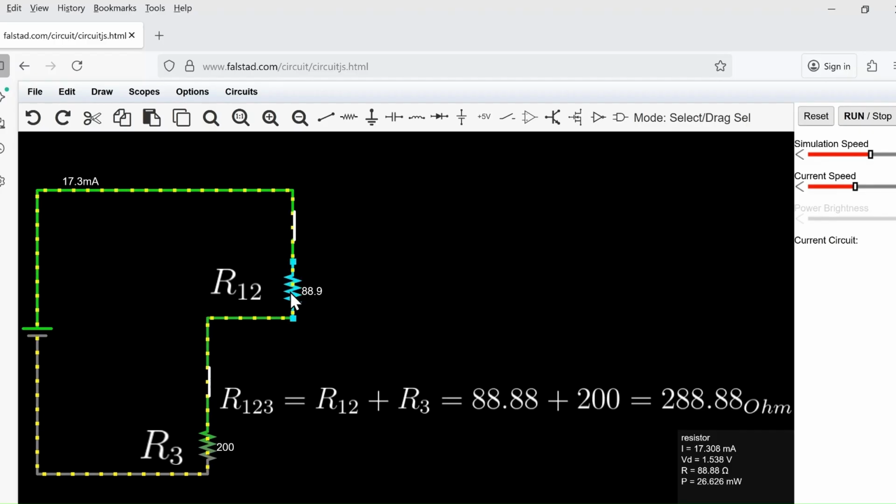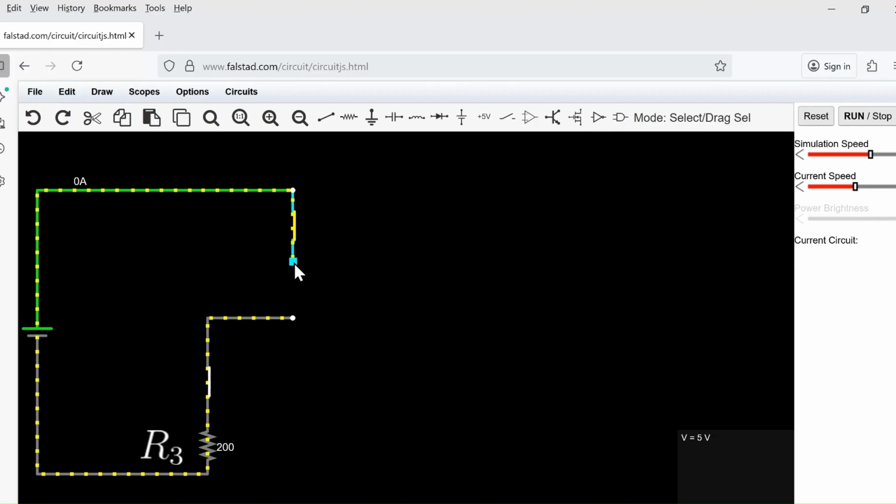Next, we add the series resistor R3 to find the total resistance: R123 equals R12 plus R3, that is 88.88 plus 200, which equals 288.88 ohms.